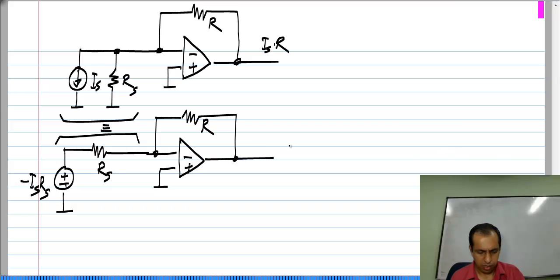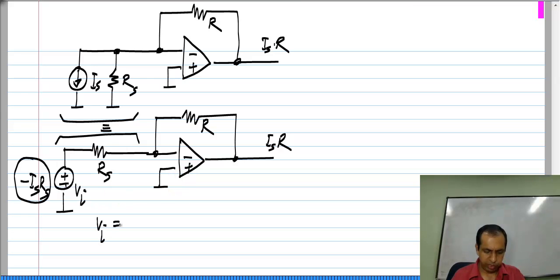And now the output voltage is still exactly the same, Is times R. And if I replace this minus Is Rs by Vi, okay, I think of this circuit with a voltage input Vi and some resistance Rs which is connected to it. Okay.